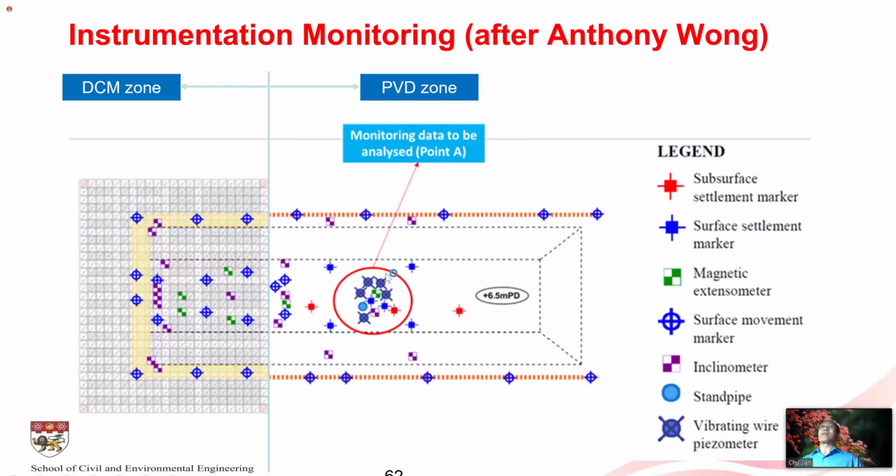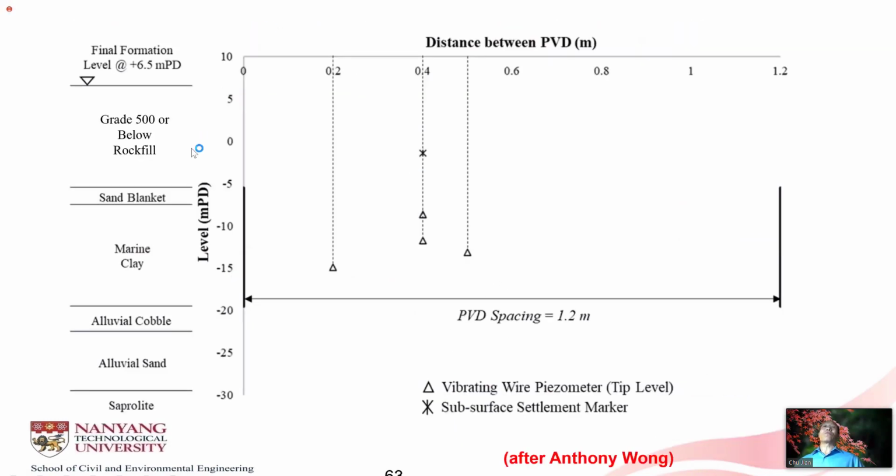So here is the instrumentation profile. I just want to show you the soil profile. Okay, so on top you have the fill materials, and then followed by the marine clay, ranging from -6 to -20. So here are the instrumentations.